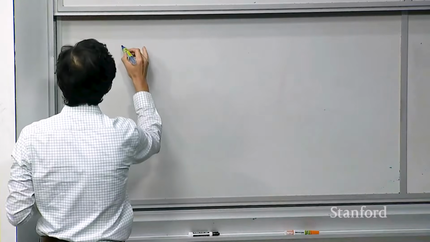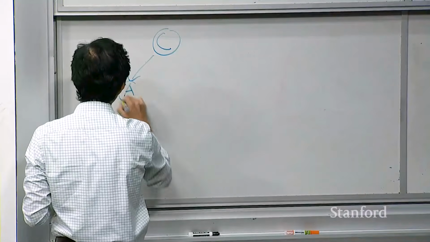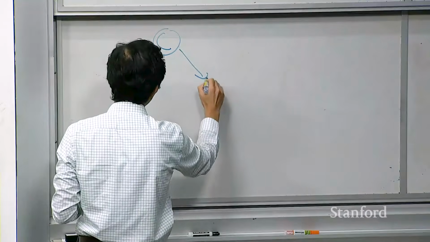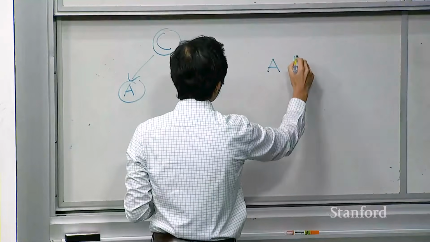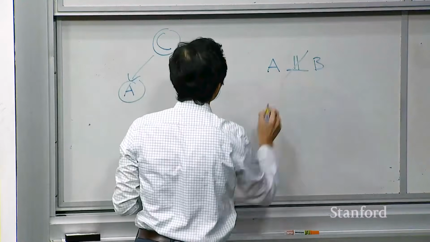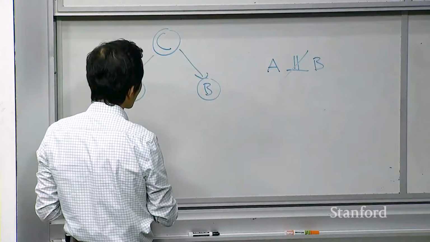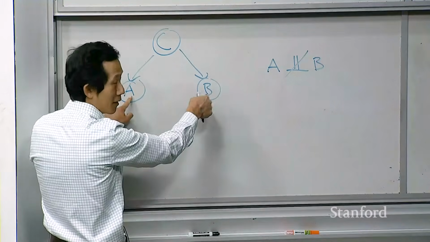And the other set is if you have C pointing to A and B. So here, are A and B independent? No. Okay? And the way to see that is that there's a path here, right?